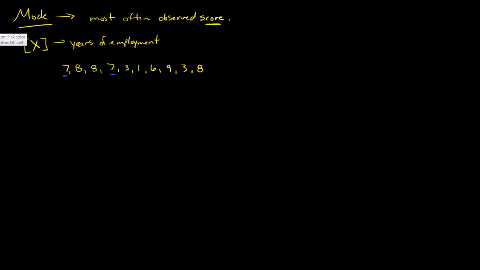We have an 8 here, an 8 here. That gets us a frequency of 2, and here you go, we have a third 8. So we have a frequency of 3 here. So the mode of this data set would be equal to 8, the raw score of 8.